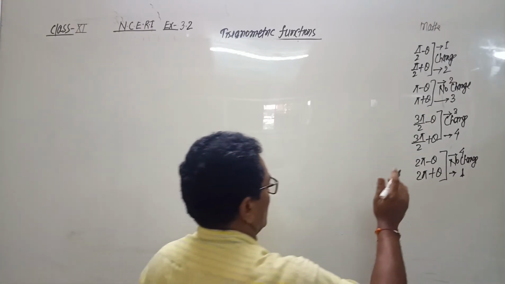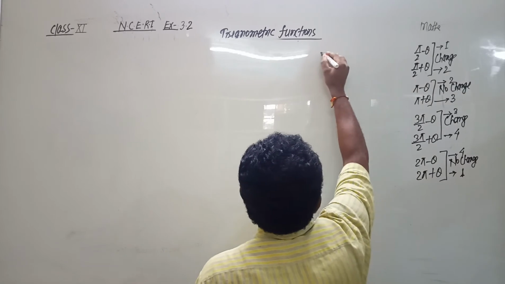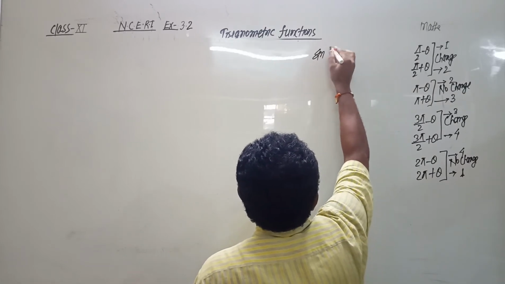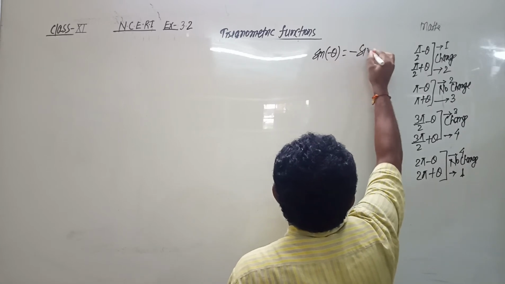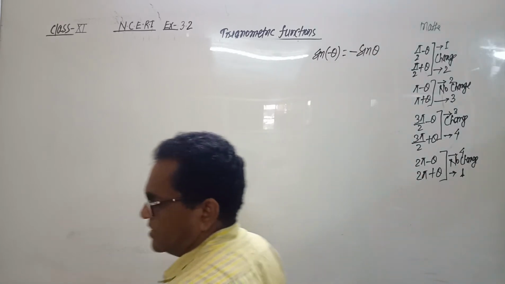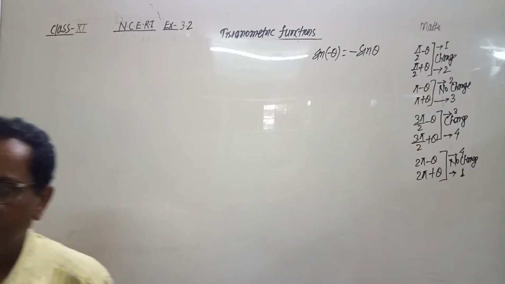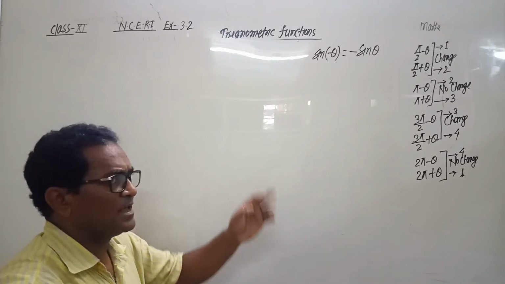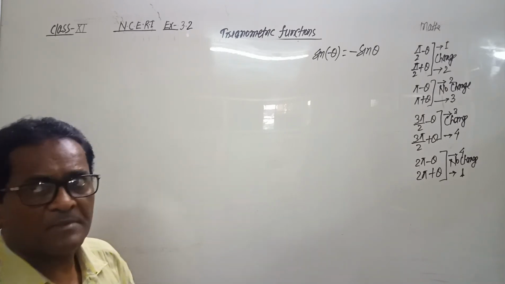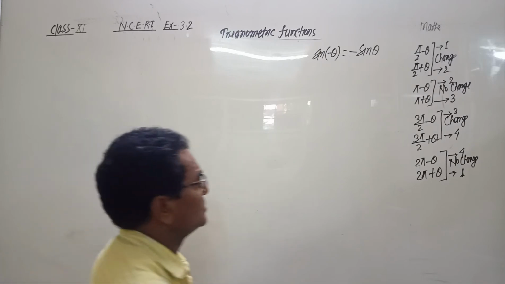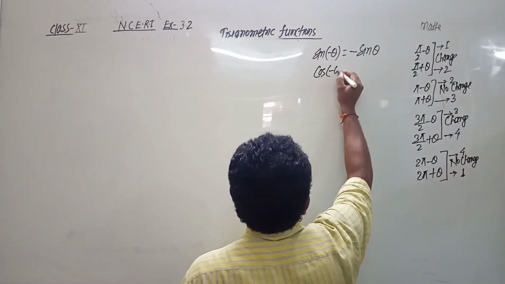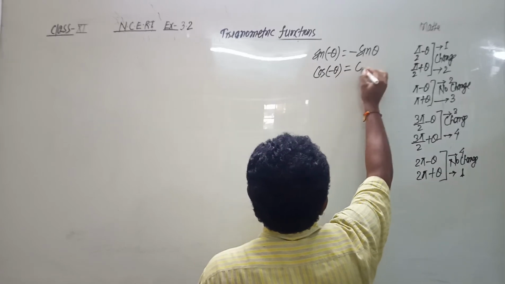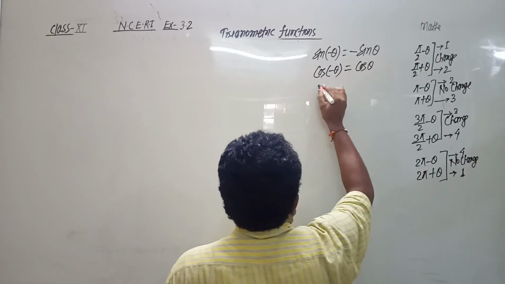Now the formula for sine of minus theta is written as minus sine theta. Inside the bracket, if there is a minus, then the minus is taken outside. Cos of minus theta equals plus cos theta.